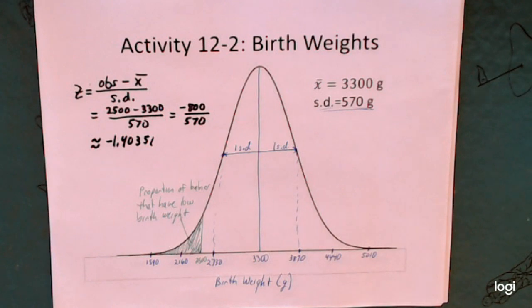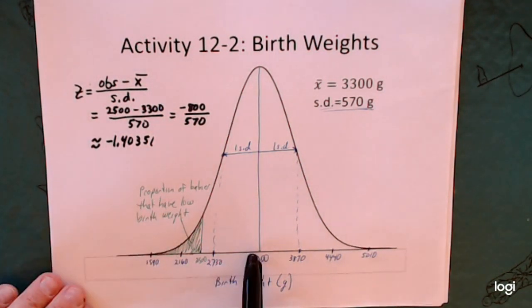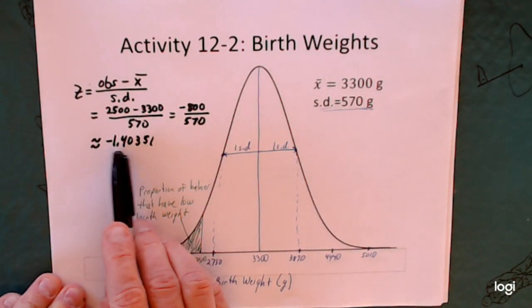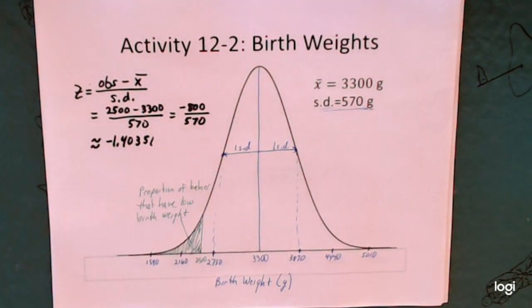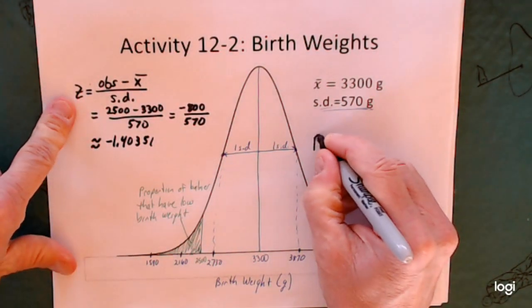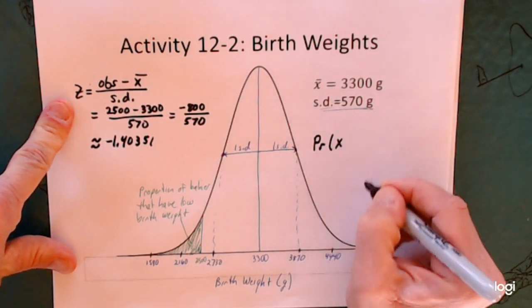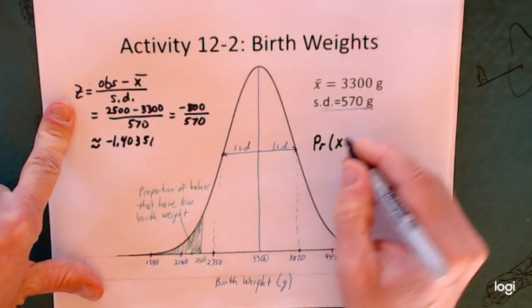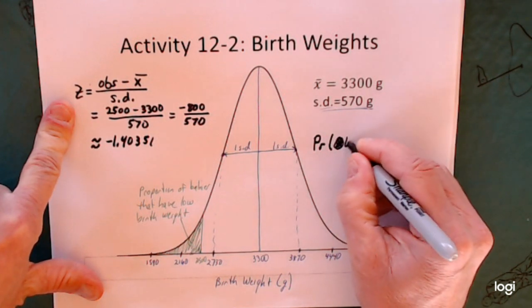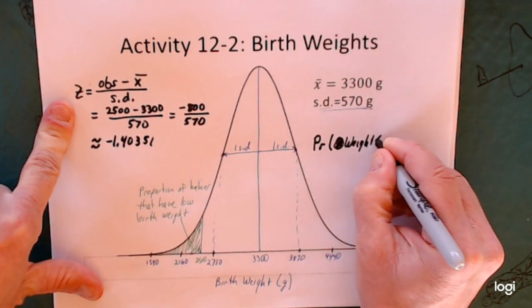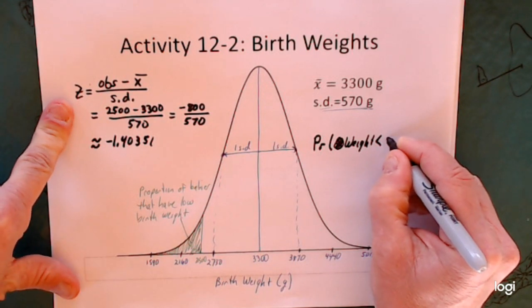Remember what that means? The negative means we're below the mean, and we're 1.4 standard deviations below the mean. So that's somewhat significantly below the mean. Then we are looking for the proportion, remember our notation, of baby weights where the weight is less than 2,500.